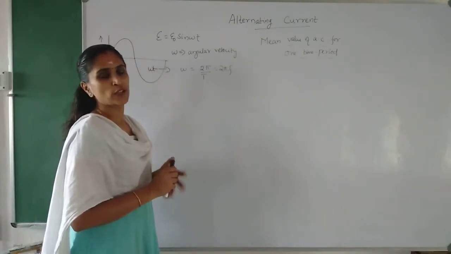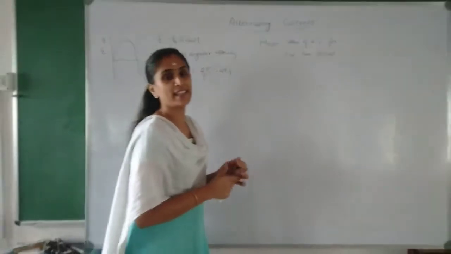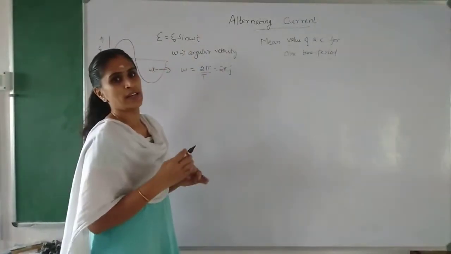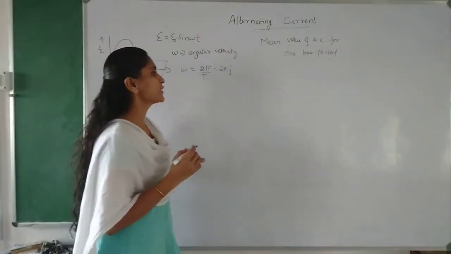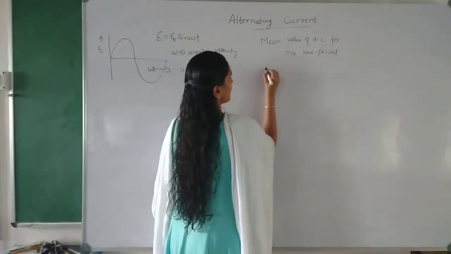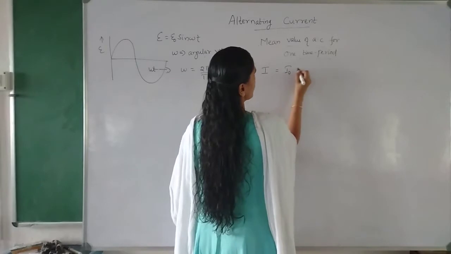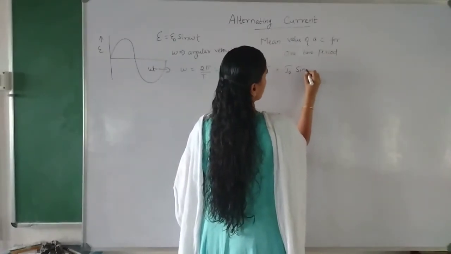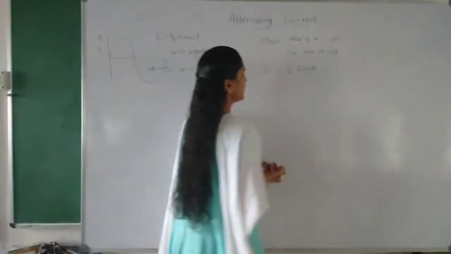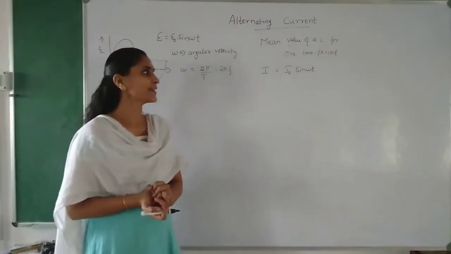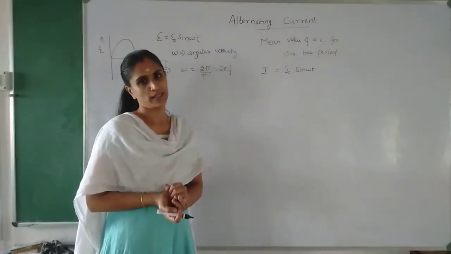We know that the instantaneous value of EMF is given as E0 sin omega t. Similarly, the instantaneous value of current can be written as I is equal to I0 sin omega t.